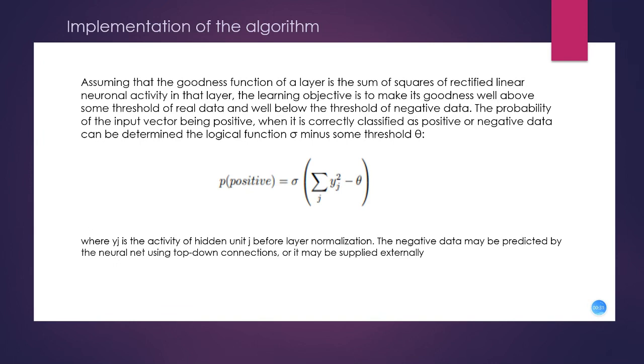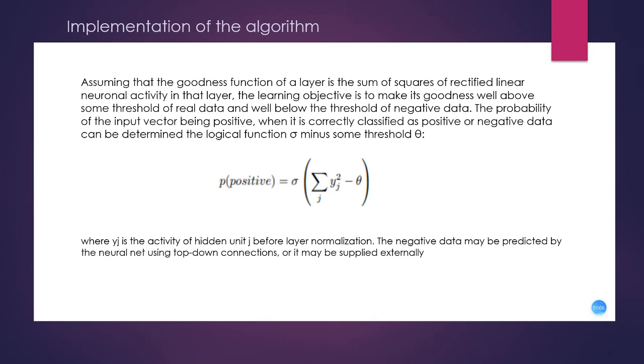The probability of the input vector being positive, when it is correctly classified as positive or negative data, can be determined by the logistic function of the goodness minus some threshold, where Yg is the activity of the hidden unit g before normalization.